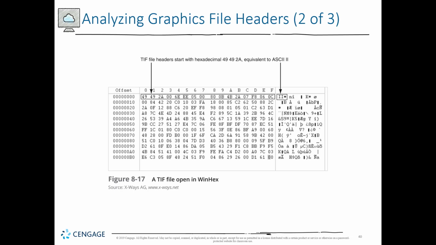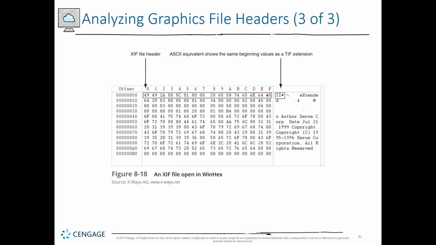Here we have a TIFF file header starting with 49492A. So this is the beginning part of it. That will identify a TIFF, but it could be an EXIF or an XIF instead. So again, TIFF 49492A, equivalent to II star in ASCII.